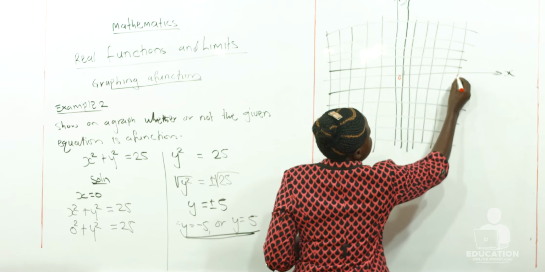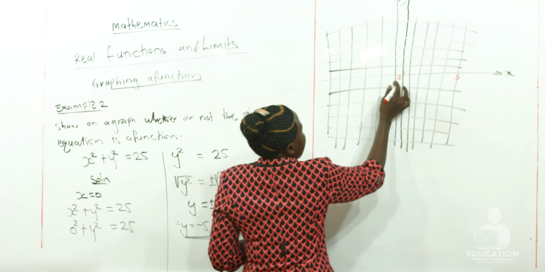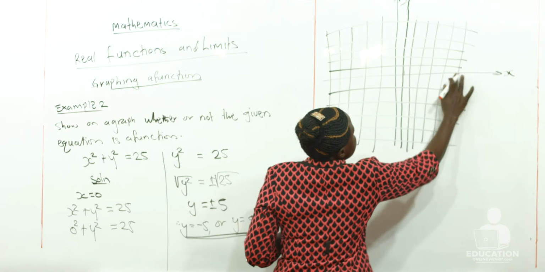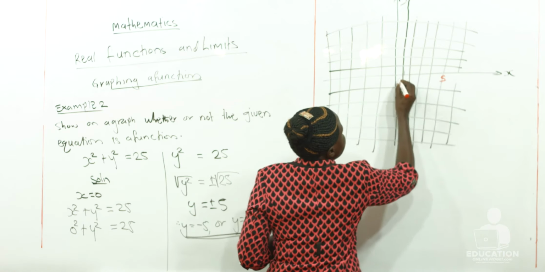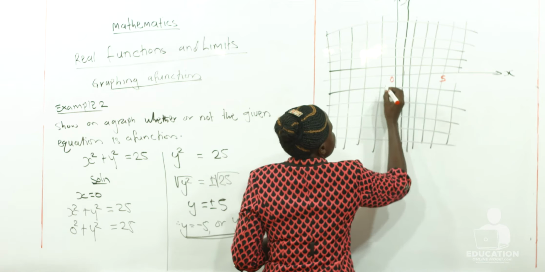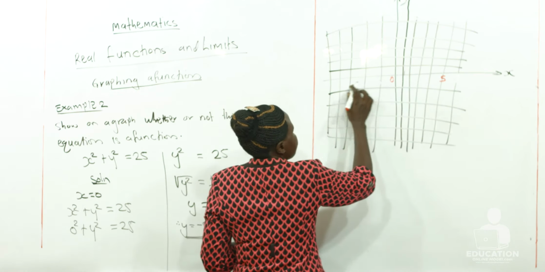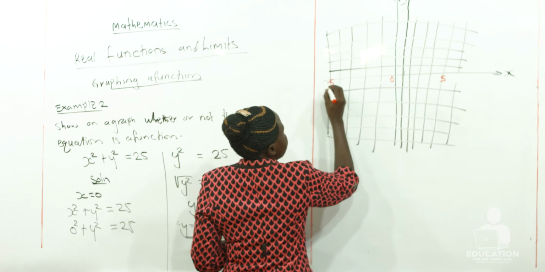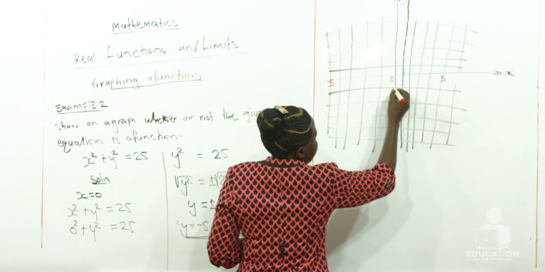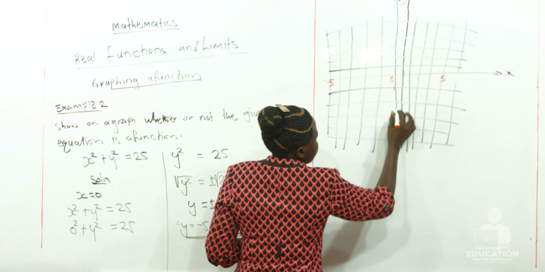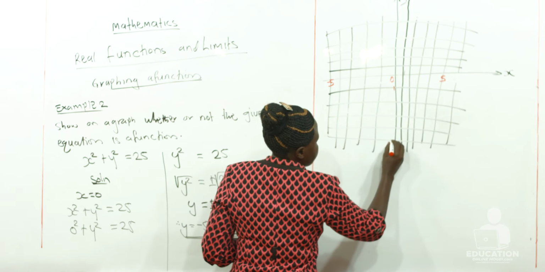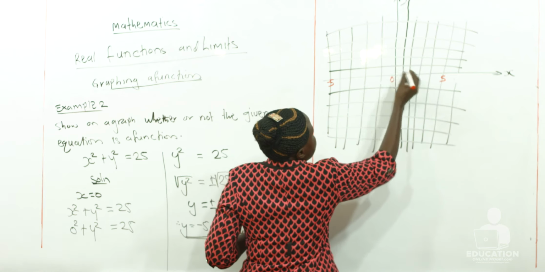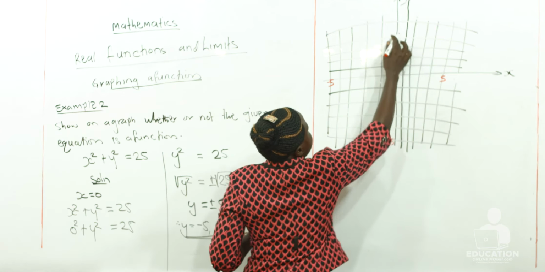So this is positive 5. This is our starting point 0. Here we have negative 1, negative 2, 3, 4, negative 5. So this is negative 5. And when we come downwards, we have negative 1, 2, 3, 4, 5. So this is negative 5. And then upwards, we have positive 1, 2, 3, 4, 5.